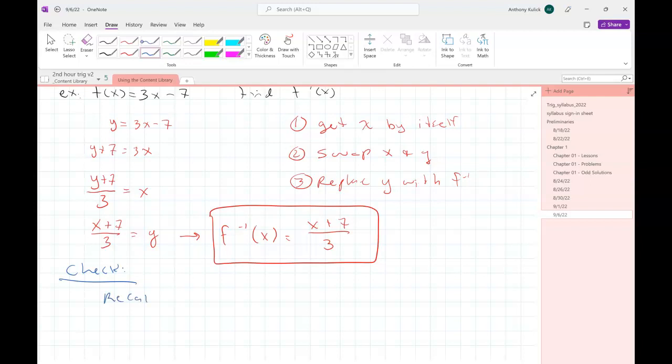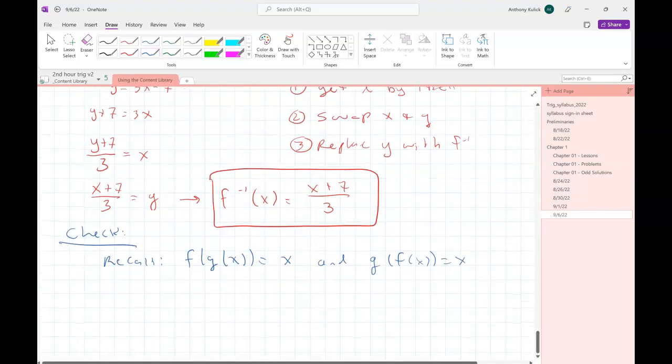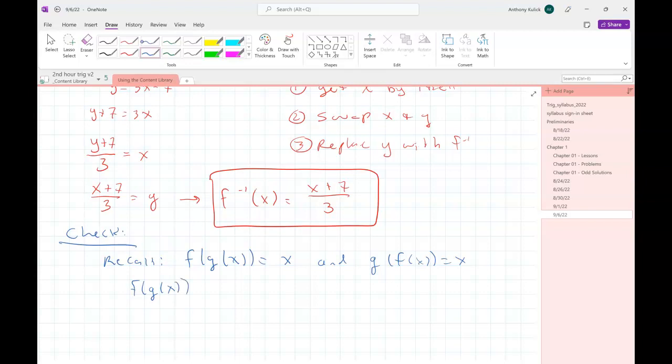So the theorem, what we needed to show that two things were inverses was we needed to show that f compose g of x is equal to x and that g compose f of x is equal to x. That's what we're going to show. Let's call this f inverse, right? That'll be a little bit clearer what we're doing.